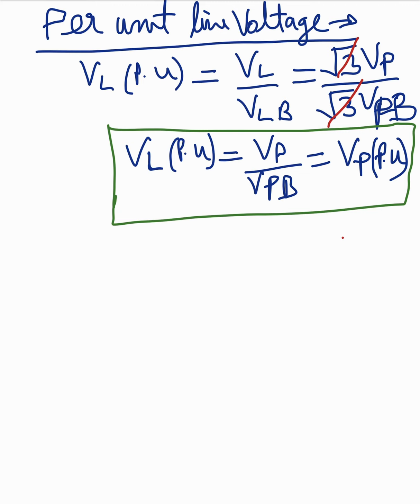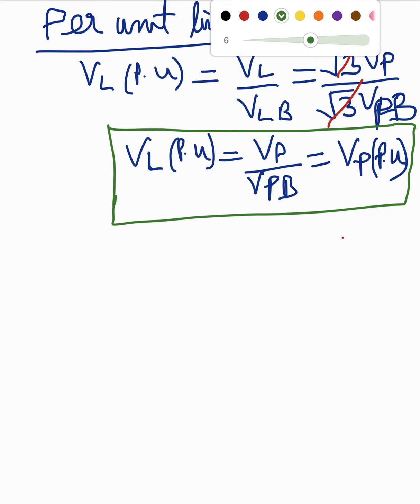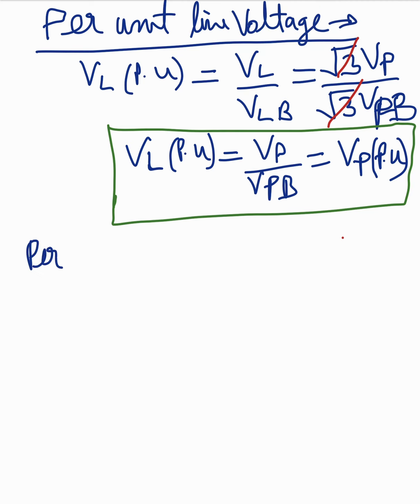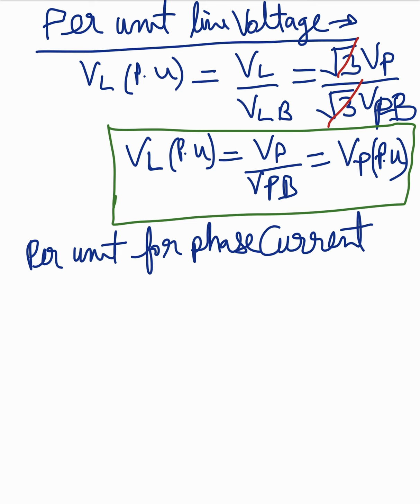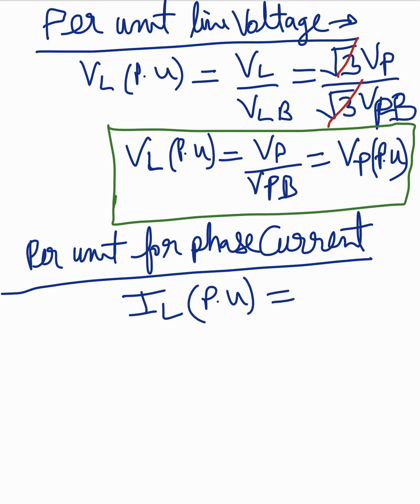Now per unit for phase current. What is the per unit value for phase current? That is IL per unit is equal to IL upon ILB, and we know that for the star connection, IL is equal to IP.